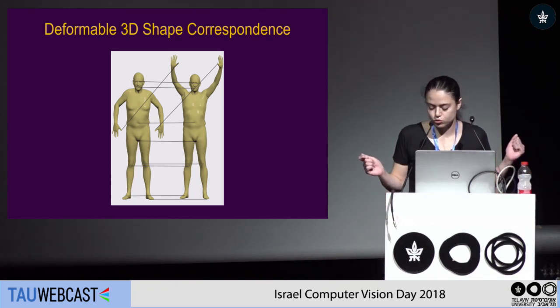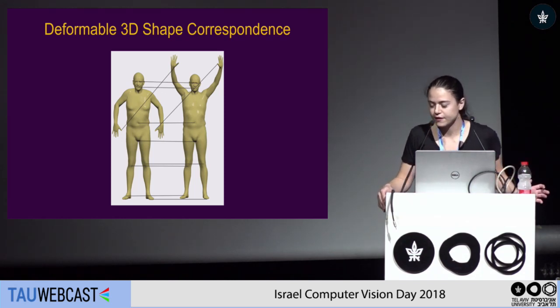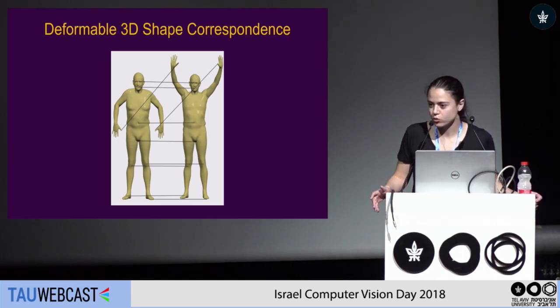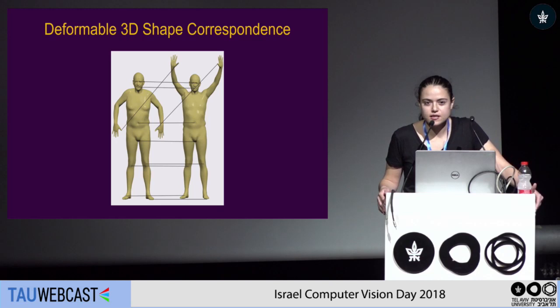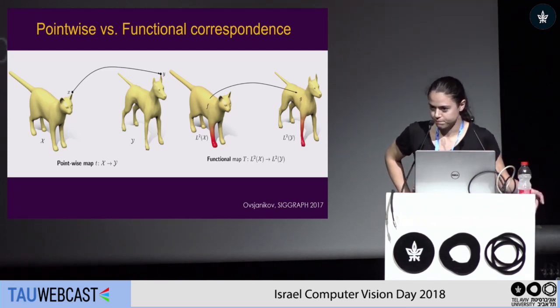Basically, if we have, let's say, two non-rigid objects that are related to each other by some pose transformation, we would like to draw a matching between the points on the surfaces, for example, to map the elbow to the elbow, the finger to the finger, etc. So we could address this as a pointwise correspondence problem. But the pointwise formulation results in a very complex problem to solve, basically a quadratic assignment problem, okay?